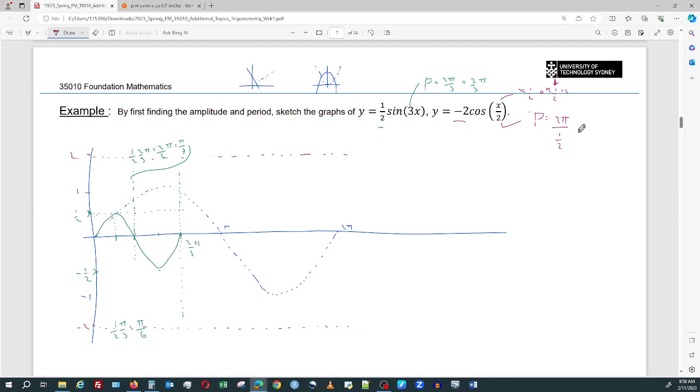So we've got to use our algebra for this. 2 pi divided by a half.